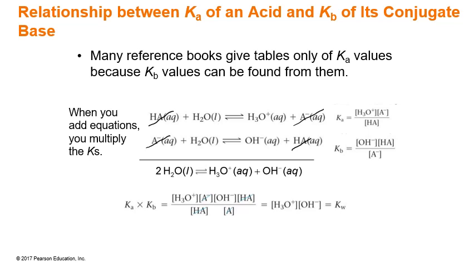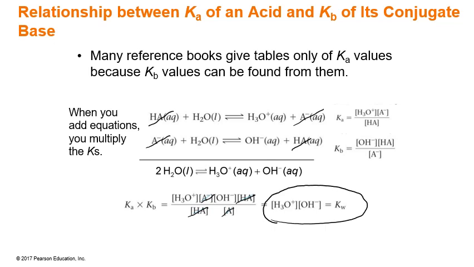So that means that when we add an acid and its conjugate base reaction, we end up with water, which is Kw. So if we add the reactions together, that means we have to multiply our constants. The A minus, the HA are going to cancel out, and we end up with the equilibrium constant for water.